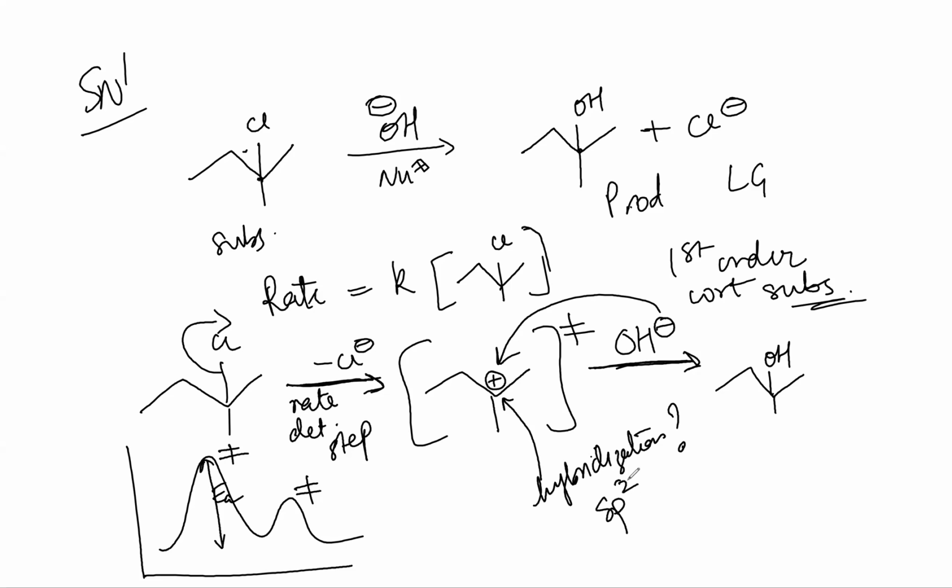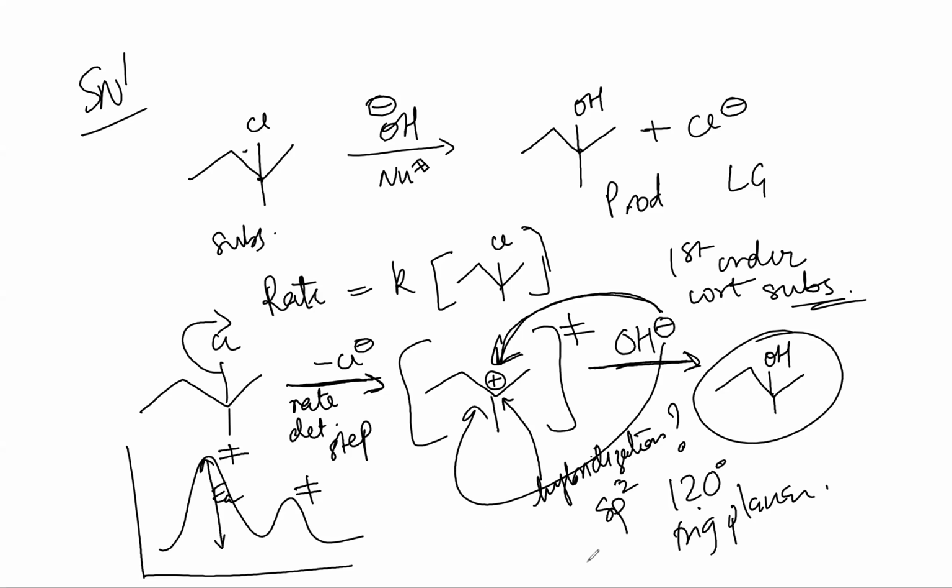Now think about all the things that go with SP2 hybridization, which is that you have a 120-degree bond angle and you have a trigonal planar structure. In a trigonal planar structure, which is just like a flat thing, the nucleophile can come from this side or it can come from this side, which means that the resulting compound that you form, this one doesn't even have a chiral center because you have two methyl groups, but it's actually going to be a racemic mixture.